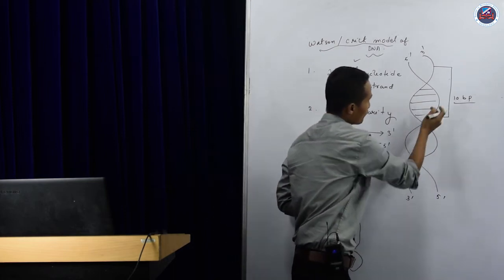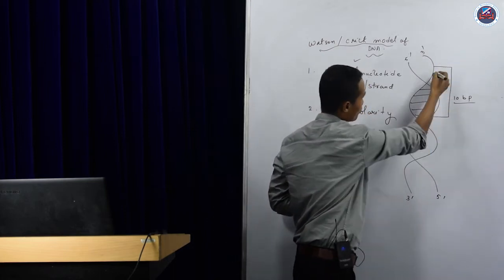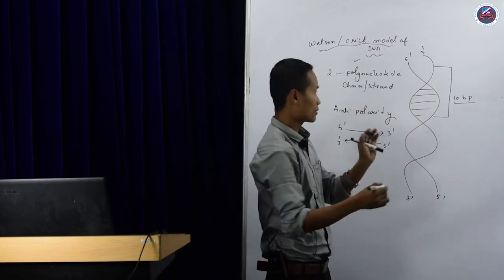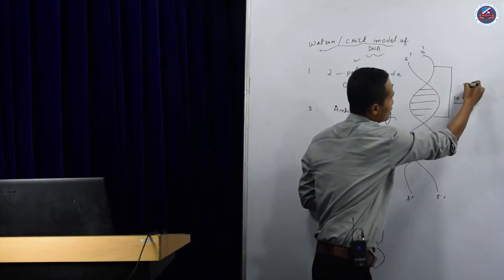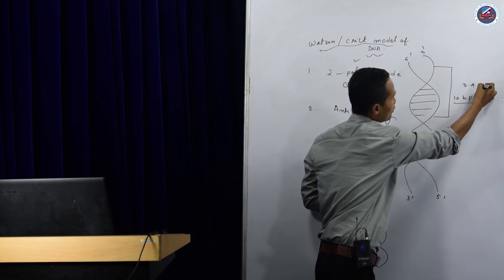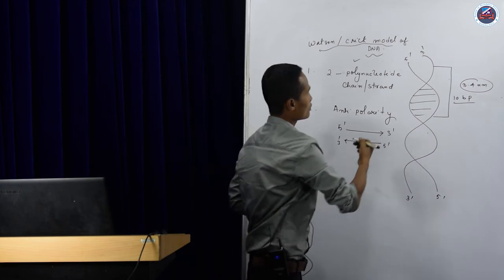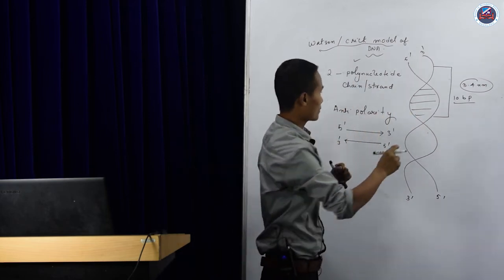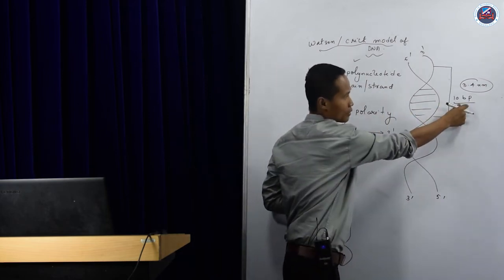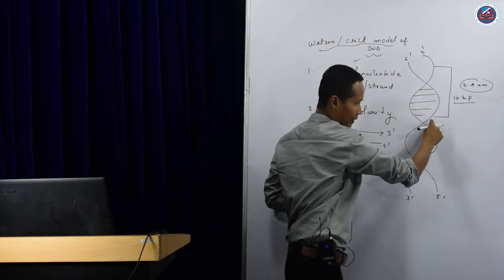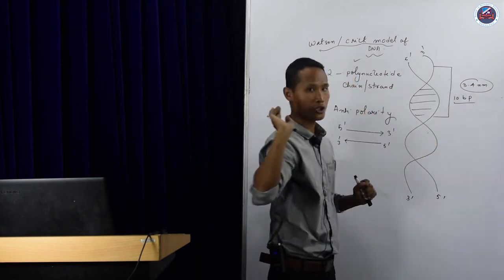Say this is the pitch of the helix. This pitch is 3.4 nanometer. So in one helical turn, there will be 10 base pairs, and the pitch of that helix will be 3.4 nanometer.